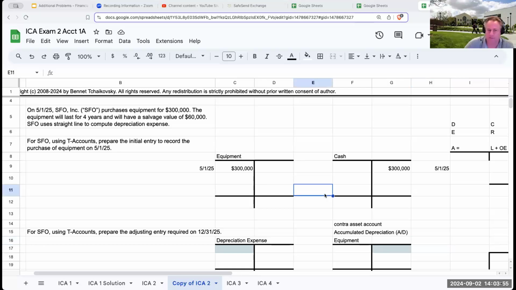We're not going to focus on that right now, but rather we're going to focus on the easiest one, which is something we call straight line depreciation.